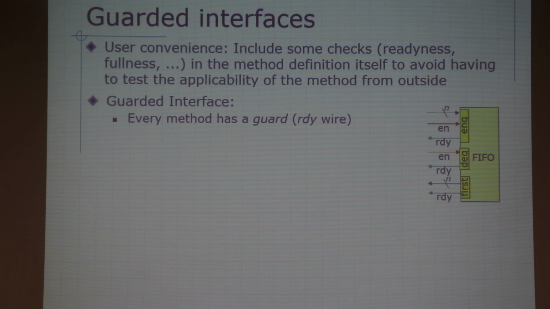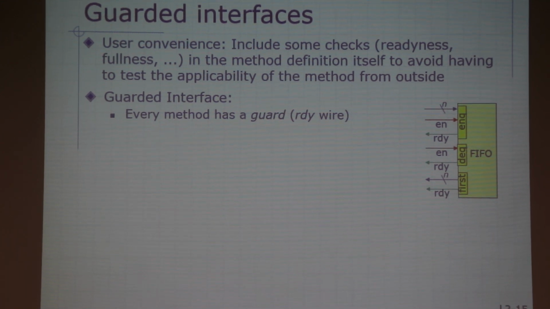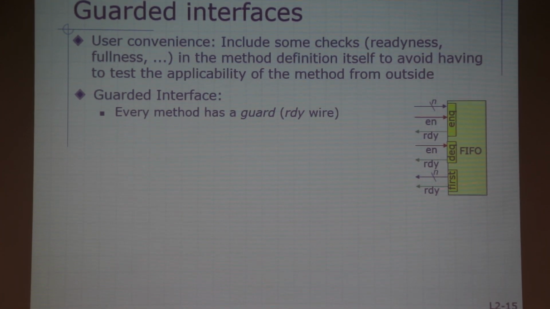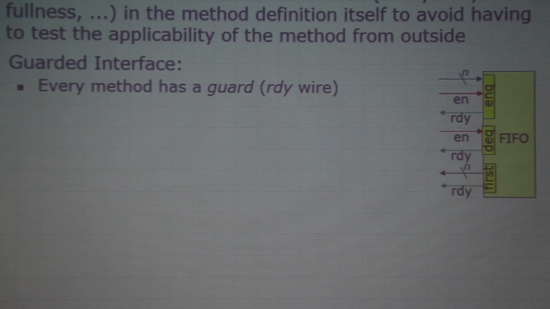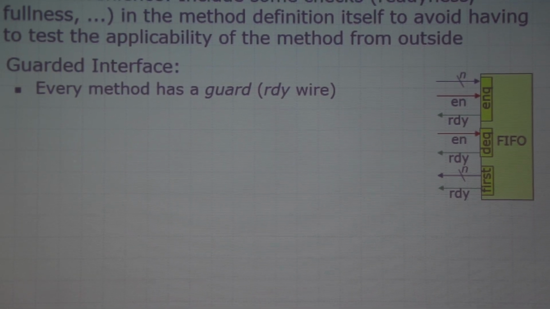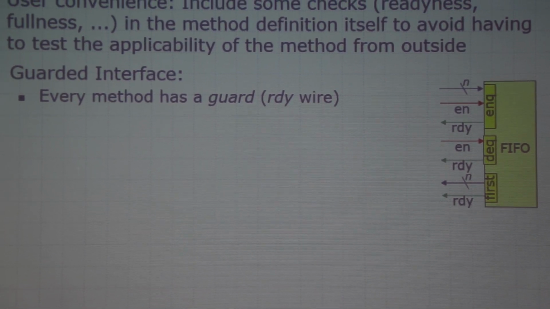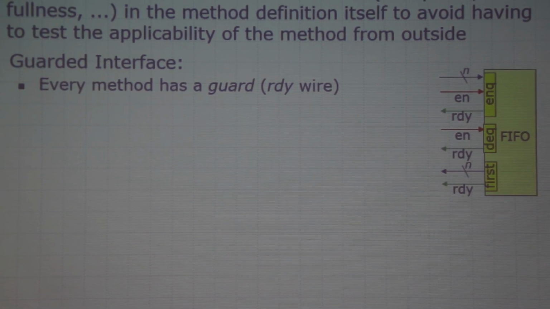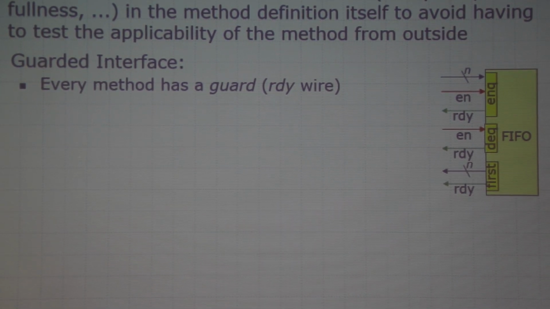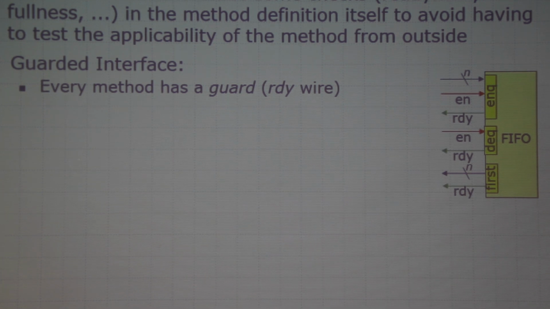Now here is the main thing in the language. Every method is guarded. If you have a method, there is always this green line which says, I'm ready or not ready. You don't know what it means from outside. All you know is this method is applicable or this method is not applicable. So you are abstracting away the details of why it is busy. You're just saying it's busy.